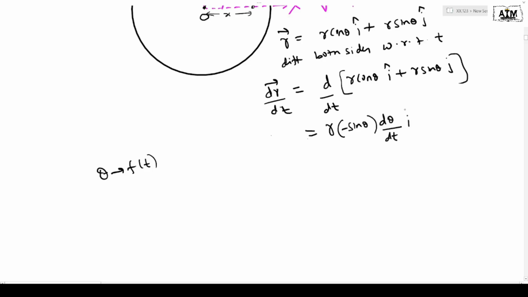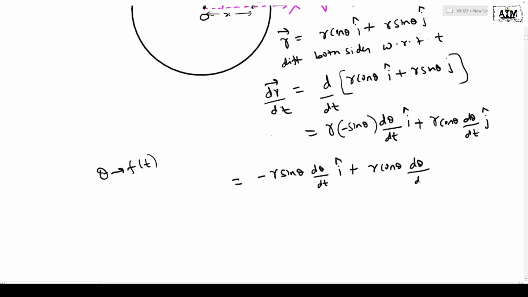i cap will remain as it is, and again R as it is. The derivative of sin theta is cos theta, the derivative of theta is d theta by dt, and j cap will remain the same. This can be written as minus R sin theta d theta by dt i cap plus R cos theta d theta by dt j cap.